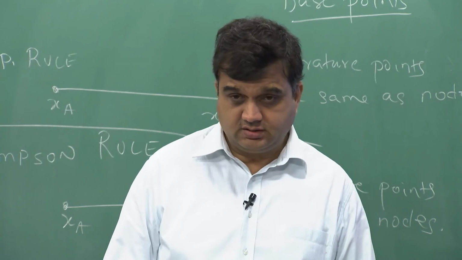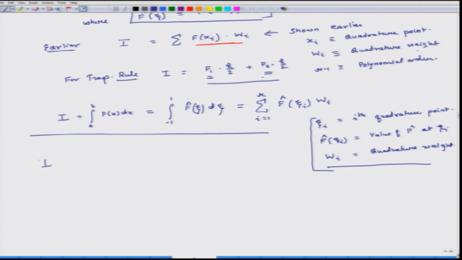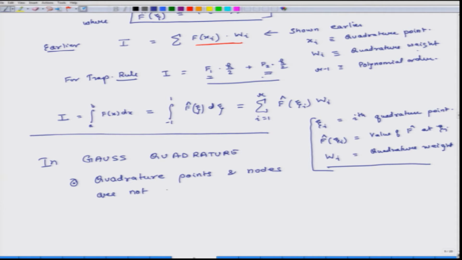But in Gauss quadrature, first, quadrature points and nodes are not the same. We will show that. This is very important.